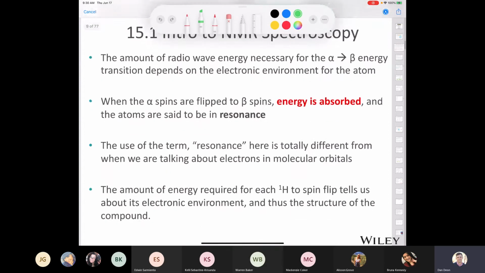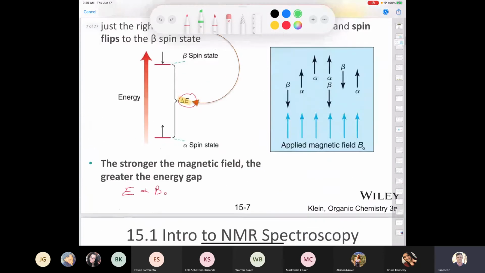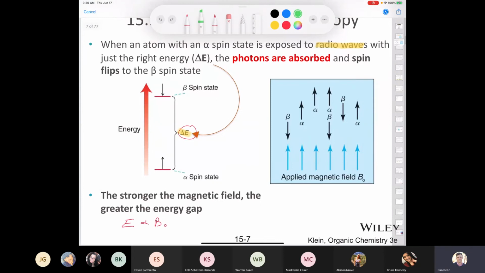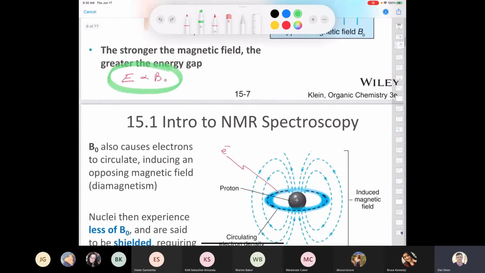All right, so to summarize, the amount of radio wave energy that's necessary for the alpha to beta spin flip depends on the electronic environment of the atom, right? Because if you go back here, I told you that the difference in energy between the alpha and the beta spin state is proportional to the magnetic field. Well, how much of the magnetic field is going to be felt by the nucleus?